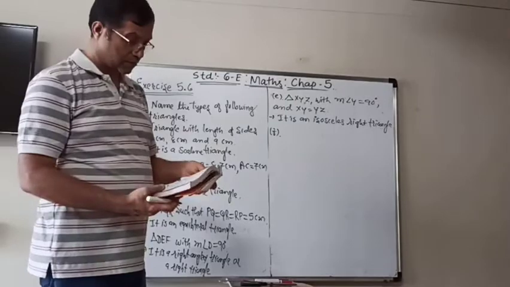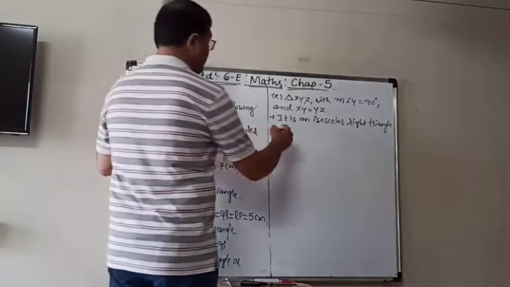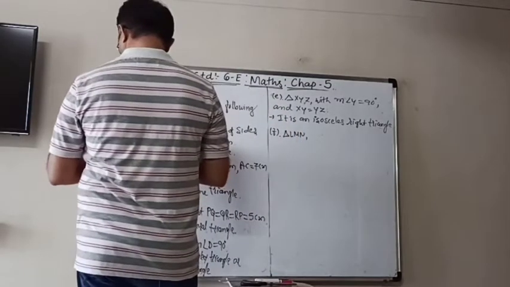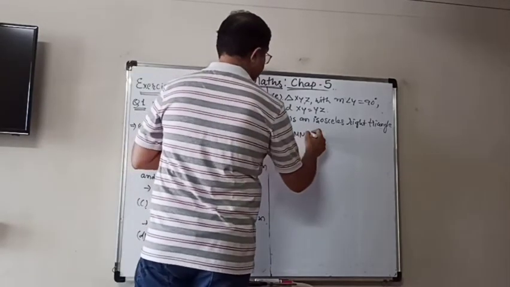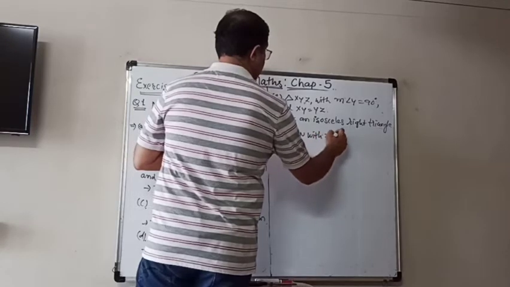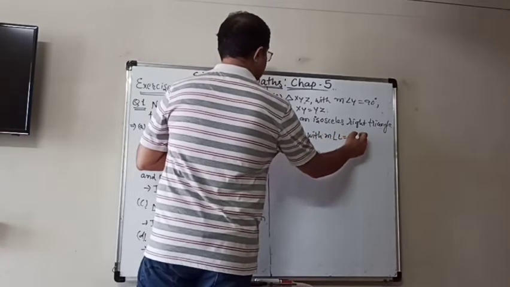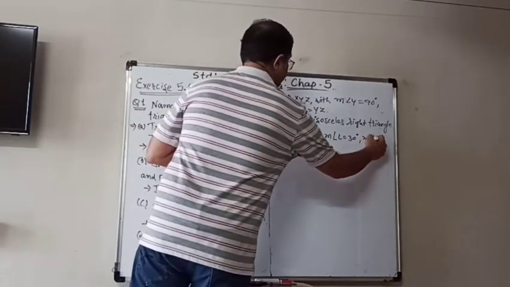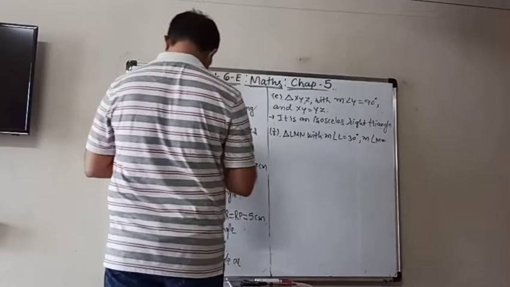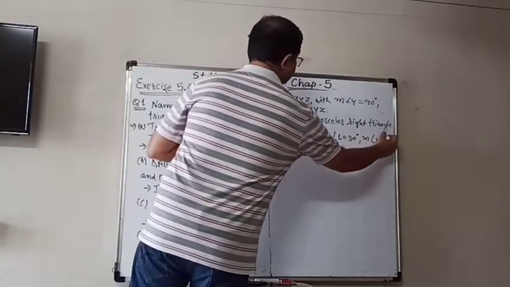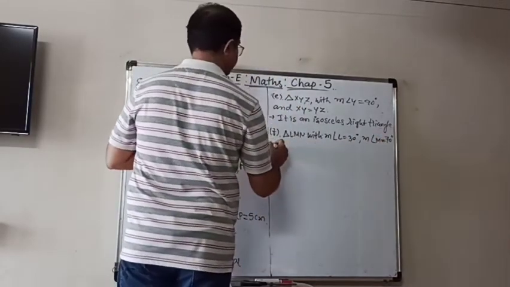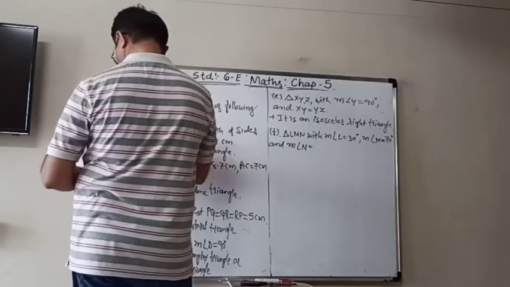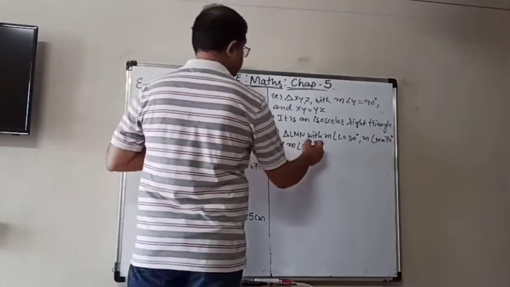F. Triangle LMN with measure of angle L equal to 30 degrees, measure of angle M equal to 70 degrees, and measure of angle N equal to 80 degrees.